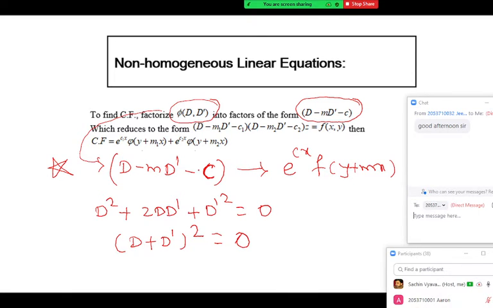If we compare this with this one, you will observe the value of m is minus 1 and the value of c is 0. I am comparing with non-homogeneous here, even though it is homogeneous, to show that the answer will come the same. So if m is minus 1 and c is 0, what should be the corresponding CF term? The CF term is e raised to 0x. E raised to 0x is 1.